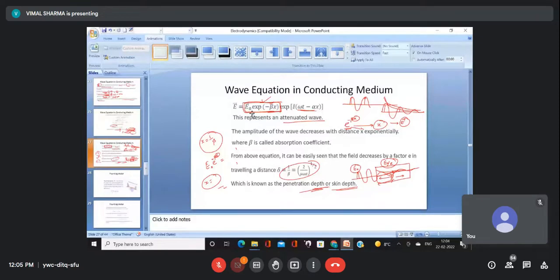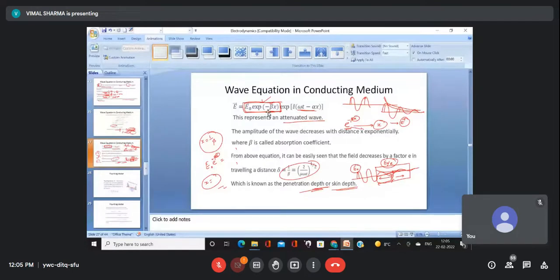So it is E naught times e raised to the power minus beta x. Beta is a coefficient called the attenuation constant or attenuation coefficient, or absorption coefficient as well.